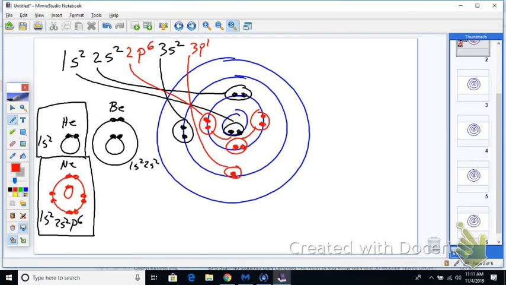It should be all the same until the 3s2, which would be magnesium. Not calcium, I'm sorry, through magnesium.